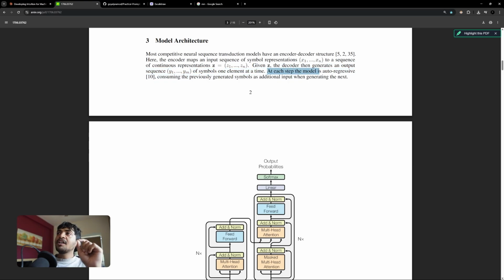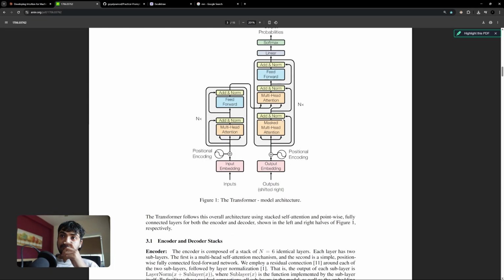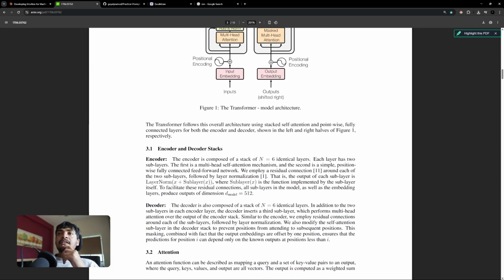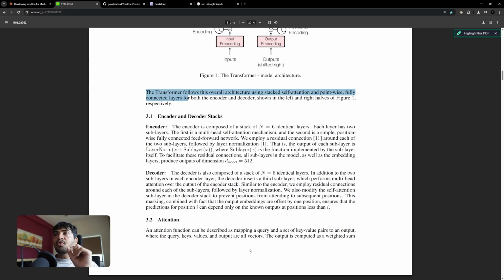At each step, the model is autoregressive. Autoregressive means one after the other, consuming the previously generated symbol, token, word as additional input when generating the next. The transformer follows this overall architecture using stacked self attention and point-wise fully connected layers for both encoder and decoder.